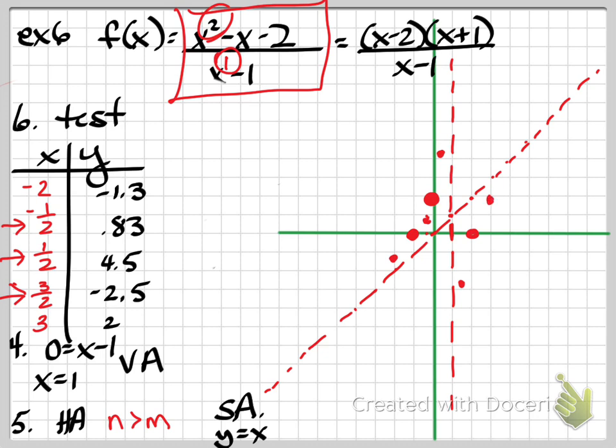And this makes us feel very confident to know that we can sketch our curve like that and then compare it with the calculator.